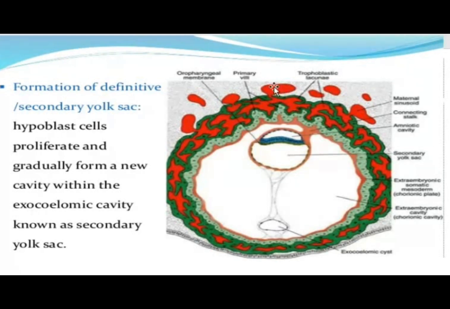So the maternal blood and endometrium form the maternal part of the placenta, and the chorion forms the embryonic or fetal part of the placenta. So when we are talking about the placenta, it is equal to chorionic membrane, specifically chorion frondosum, and then maternal tissue, which is made up of endometrium and maternal blood.